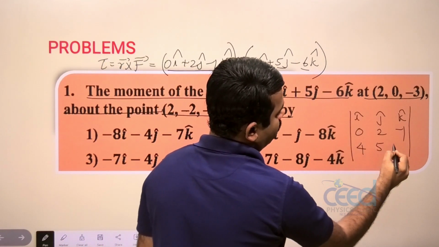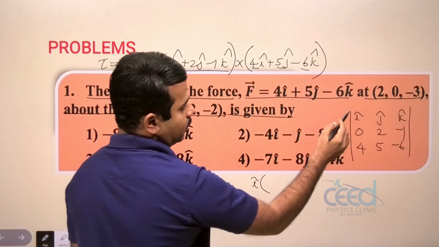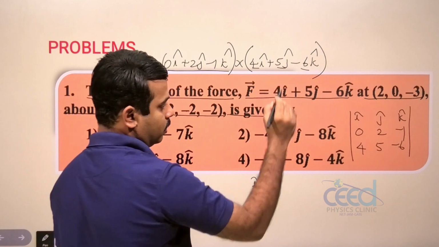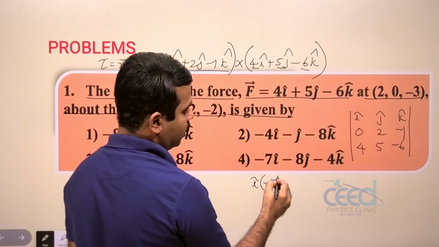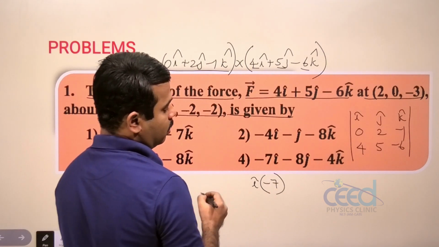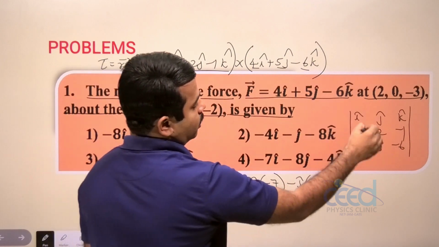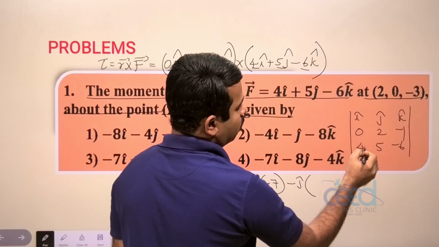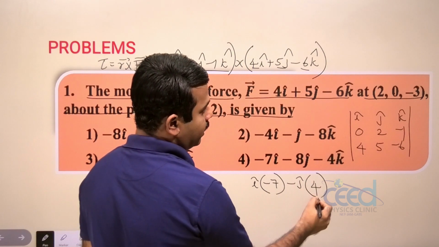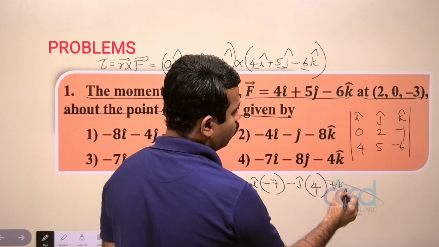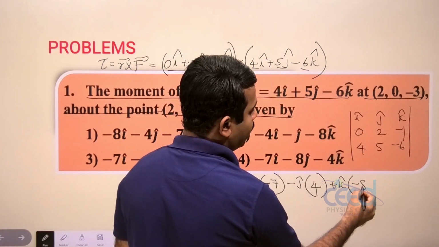That is i cap into minus 12 plus 5, that is minus 7, minus j cap into 0 plus 4, that is 4, plus k cap into 0 minus 8, that is minus 8.